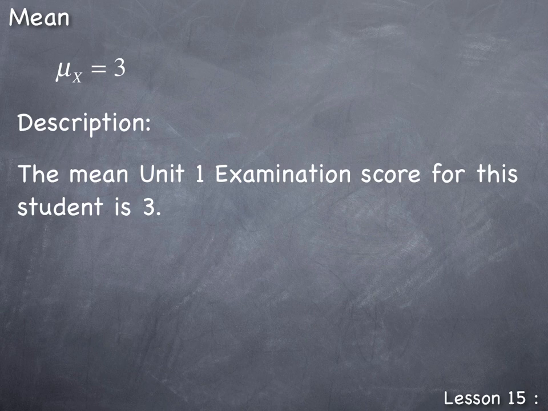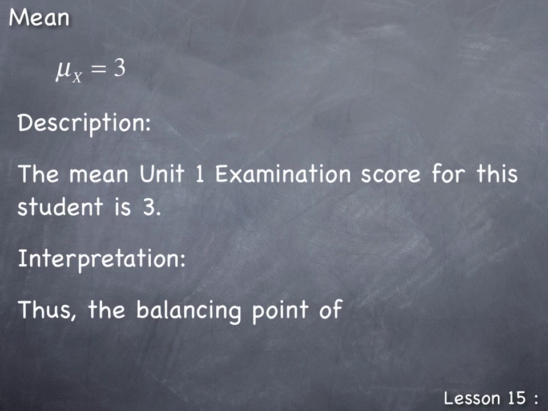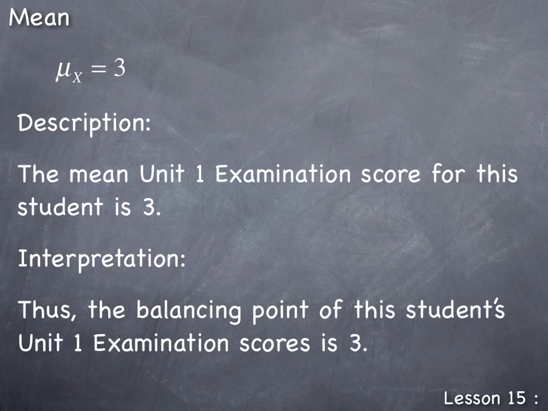An interpretation gives meaning to this result. That is, it tries to explain what this result is telling us. So since the mean is calculating the center of gravity or the balancing point for the data, the interpretation must give this meaning. So here, the balancing point of this student's Unit 1 examination scores is 3 would be the interpretation.